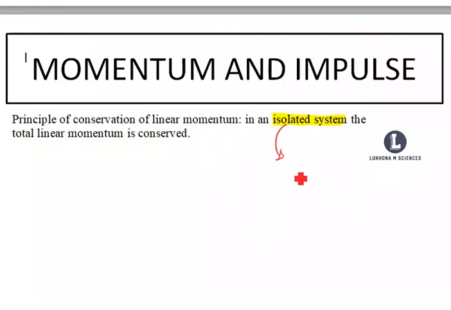The system is isolated when the net external force is equal to 0. Therefore, we say the system is isolated.